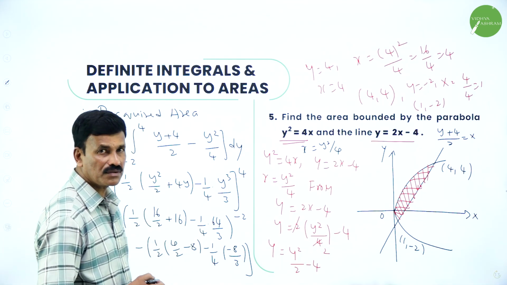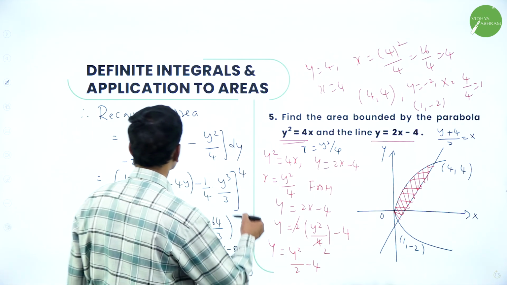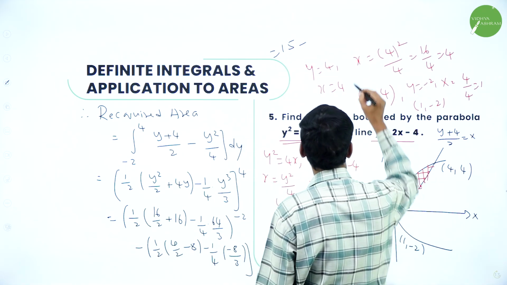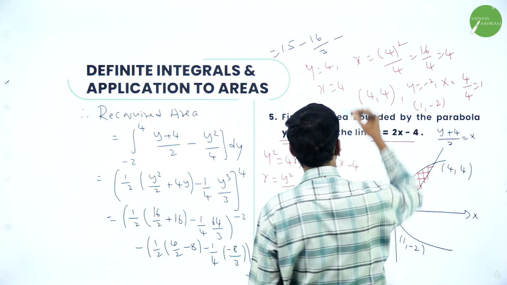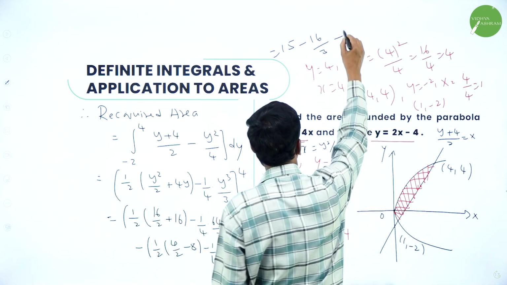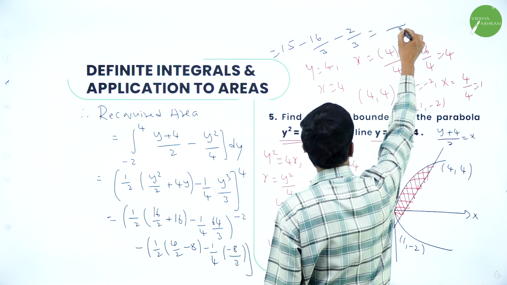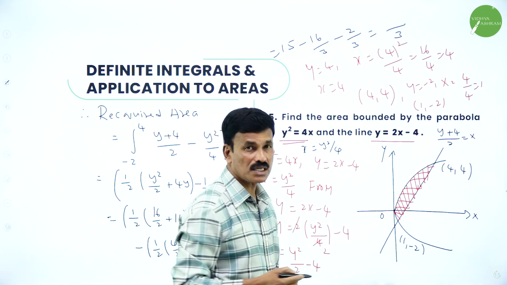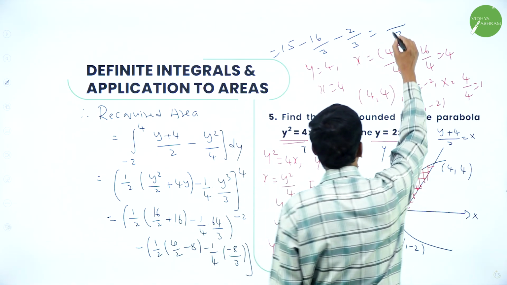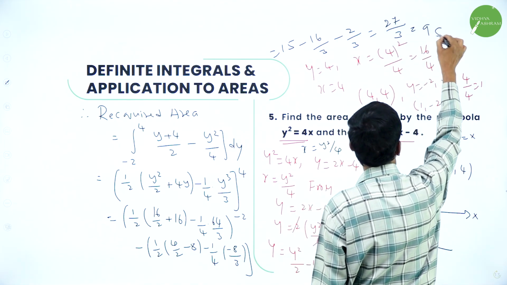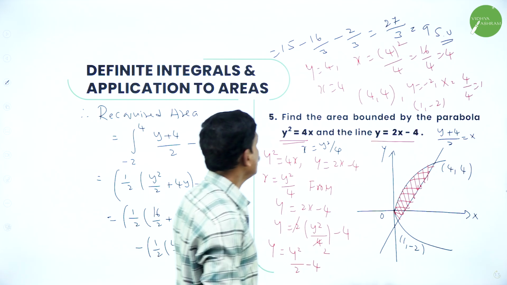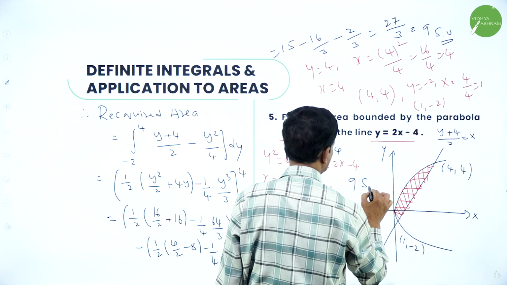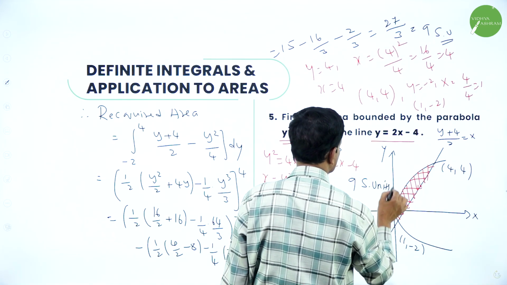On simplifying we get 15 minus 16 by 3 minus 2 by 3. Take the LCM, 3: 15 into 3 is 45, minus 16 minus 2, that is equal to 27 by 3, that's equal to 9 square units. So the required area is 9 square units.